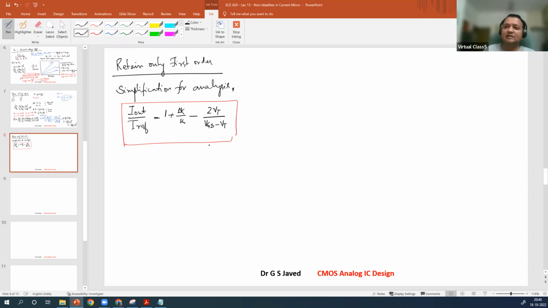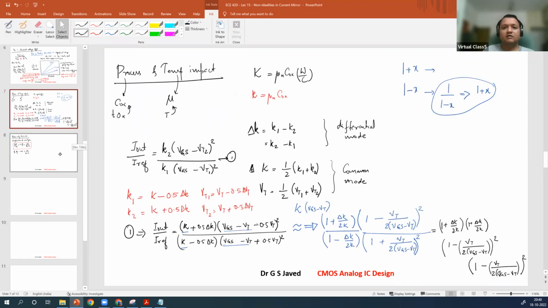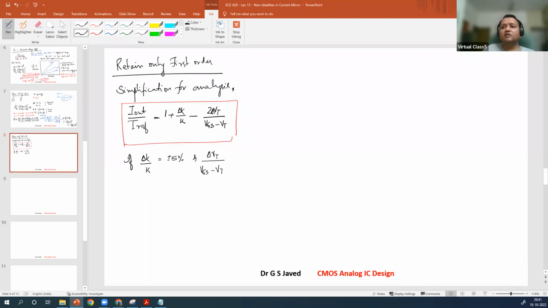For example, if delta k by k is plus minus 5%, and delta Vt over 2 (Vgs minus Vt) is about plus minus 10%, then Iout over Iref ratio is given as 1 plus minus 5%, 0.05, then plus minus 2 times 10%.